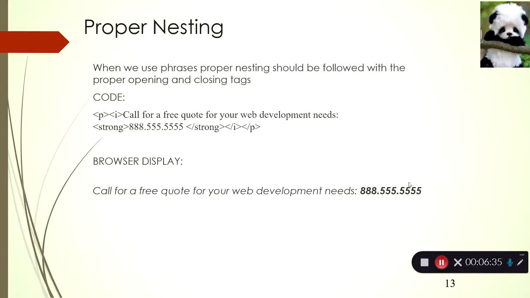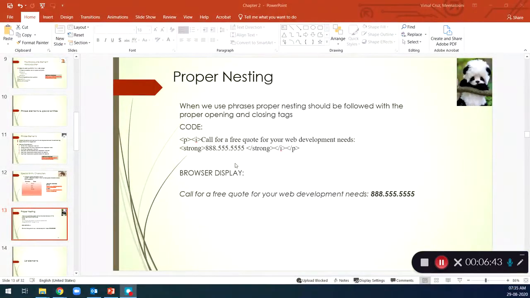The next thing that we are going to see is nesting. How do we provide nesting? To explain nesting, I'm going to use the same Try It portal by the W3 School website.